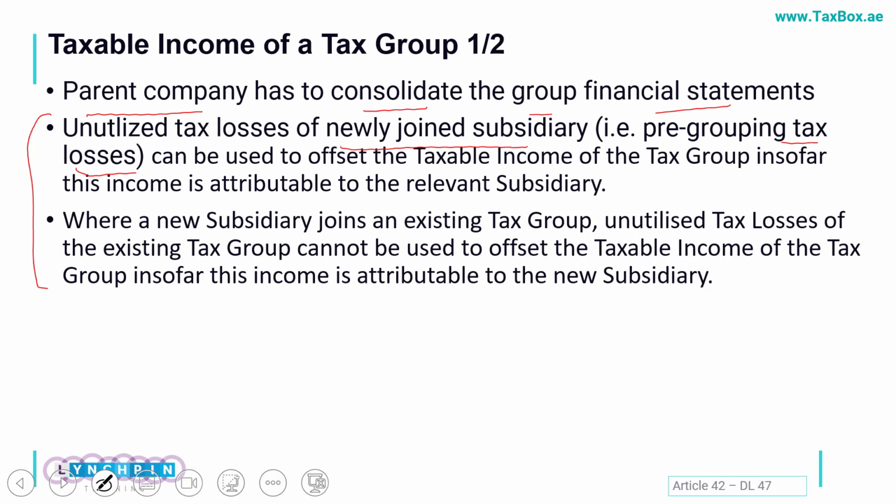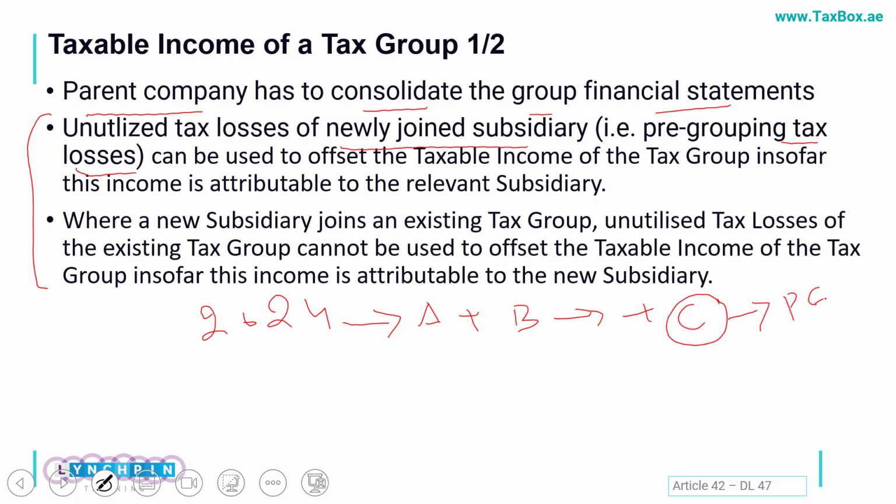So let's see an example here. In 2024, I am having A plus B, and a new company also joins me at the start of the year, which is company C. And this company C was having some pre-grouping tax losses.